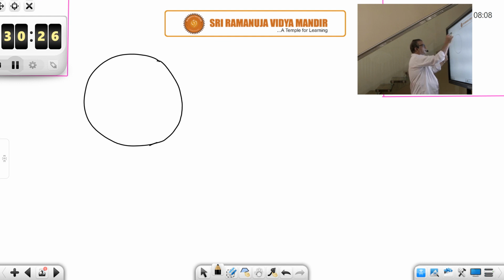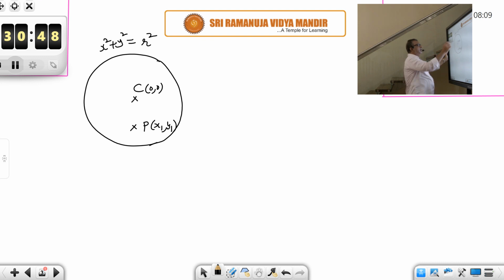For simplicity, let us take the baby circle, x square plus y square is equal to r square. The center is C, which is 0, 0. Suppose point P is x1, y1 inside.